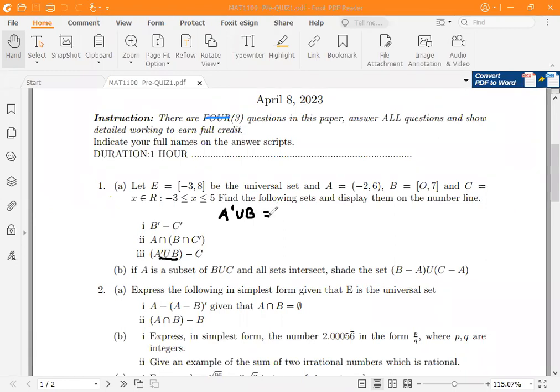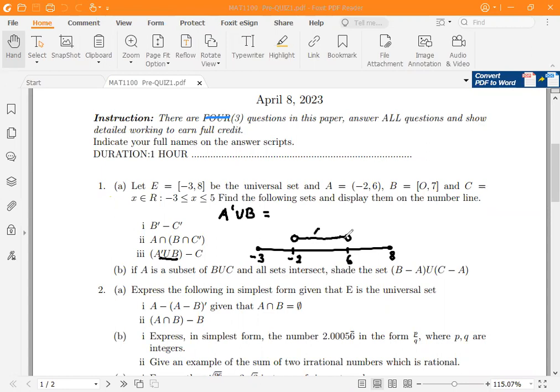That is, let's go to the line, the universal 8, -3 here. So then we have A complement. What is A? A runs from -2 to 6, open, open.